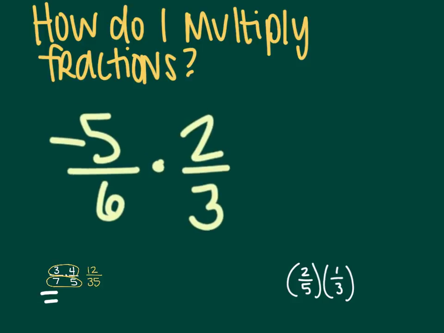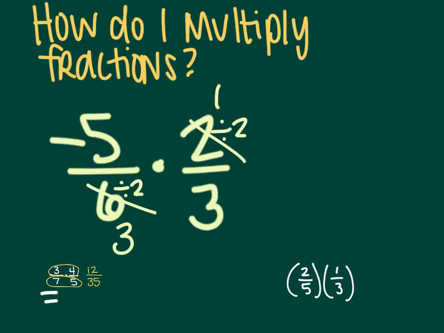Next one. Again, look to see if you can cross simplify. Are there common factors between -5 and 3? No. Are there common factors between 6 and 2? Yes. The common factor is 2. So I can take 6 and divide by 2. That will give me an answer of 3. I can take 2 and divide by 2, and that will give me an answer of 1.